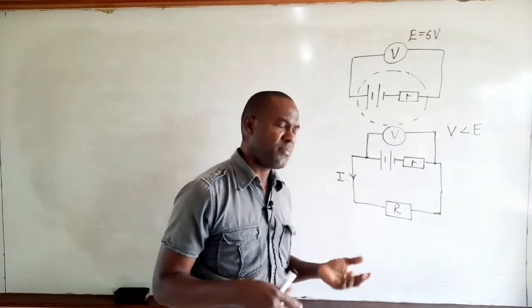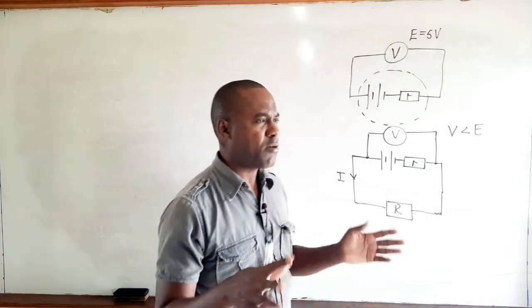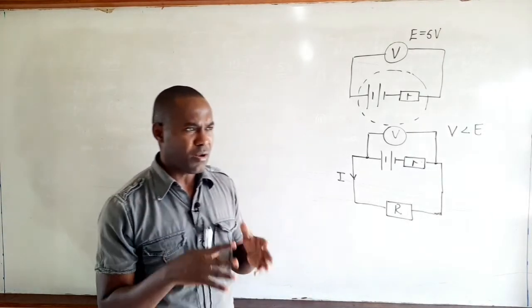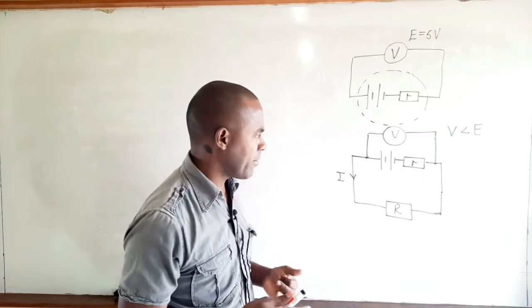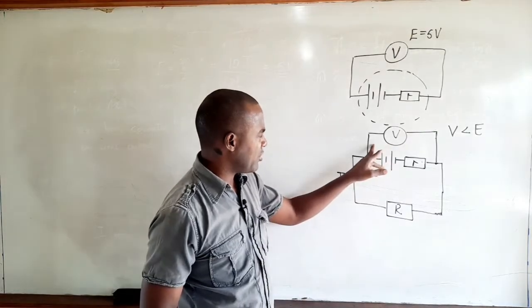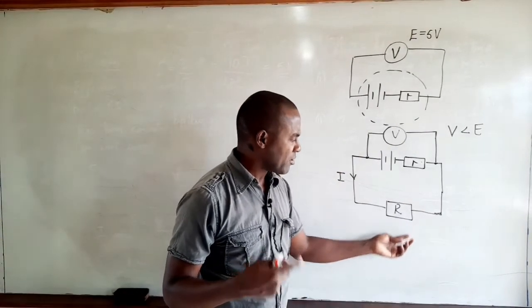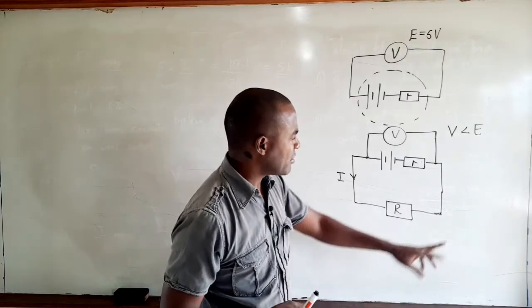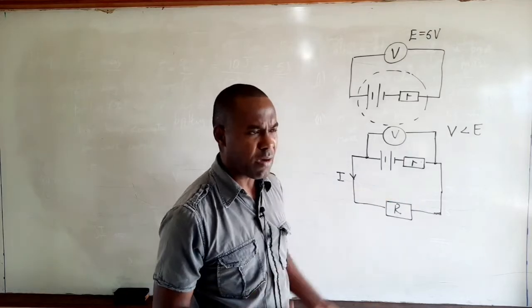So this means that if there's a certain amount of energy being supplied, the same amount of energy will always be present. However, that energy may be converted from one form into another. So the battery is supplying electrical energy, and the resistor is using up some amount of that energy, and some amount of energy is also dissipated within the internal resistance of the battery, right?